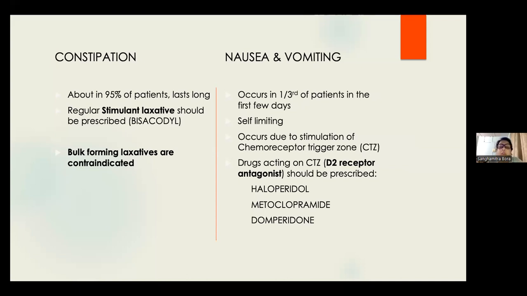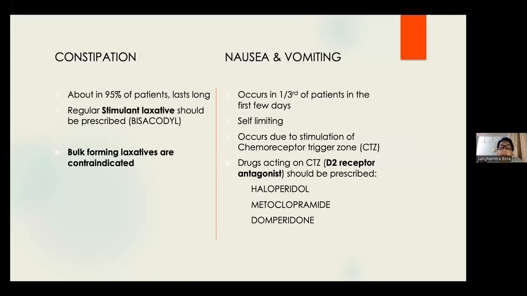Coming to nausea and vomiting, it occurs in one third of patients in the first few days, maybe around 4 to 5 days of initiation of morphine. It is always self-limiting, and it occurs due to stimulation of the CTZ in the brain.